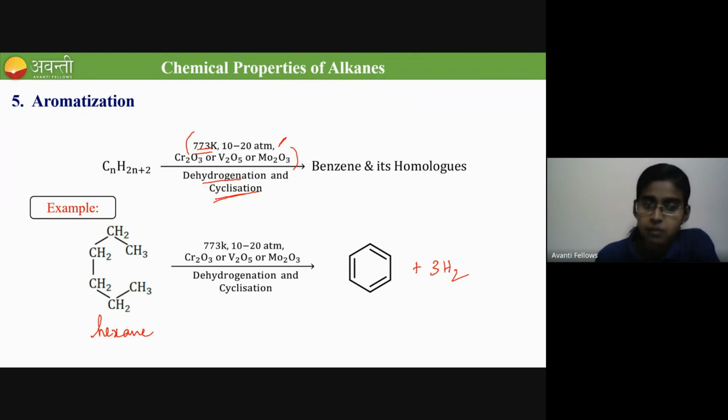If I am taking heptane instead of hexane at 773 Kelvin and 10 to 20 atmospheric pressure with the same catalyst, what will I get? It's very easy. Just try for it.